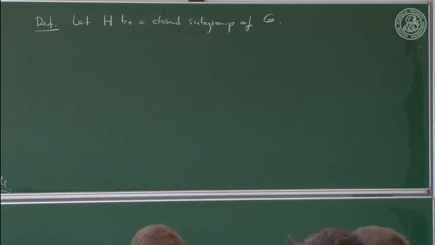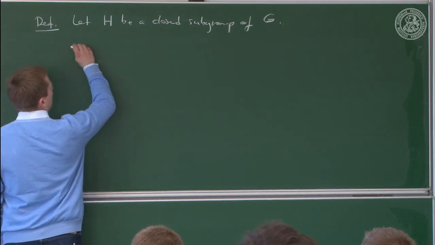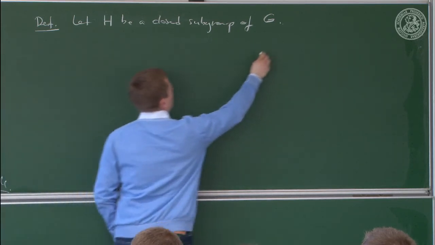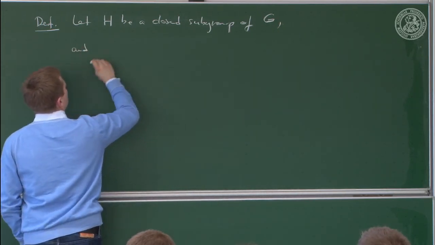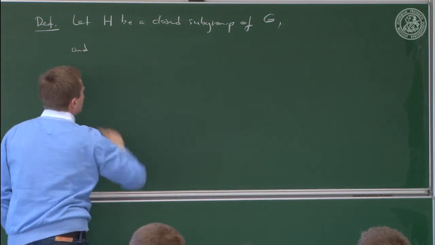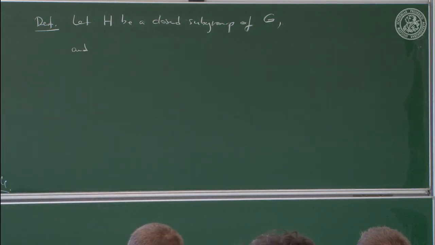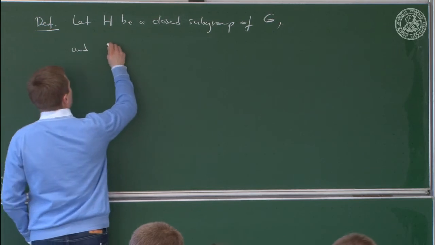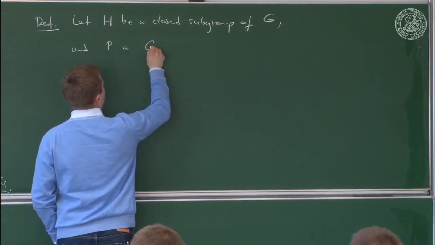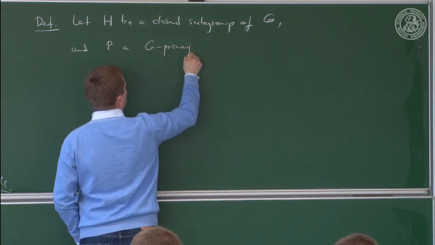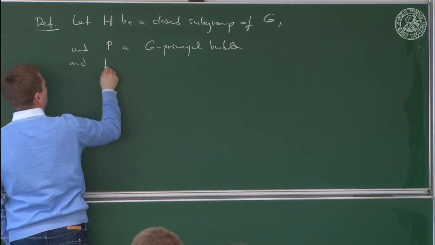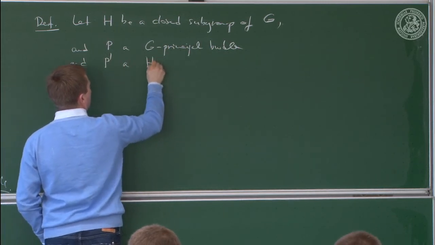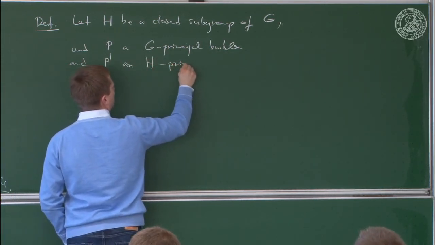So let H be a closed subgroup of G, P a G principal bundle and P prime an H principal bundle.